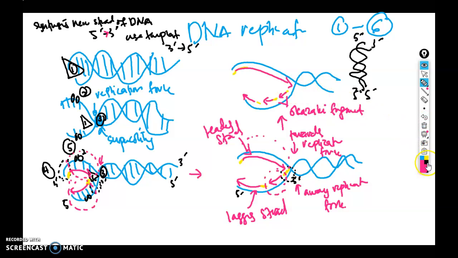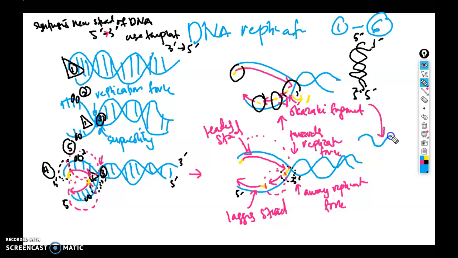Then DNA polymerase 1, number 5, will remove the RNA primer and replace it with DNA nucleotide. And finally, they will form a structure like this.